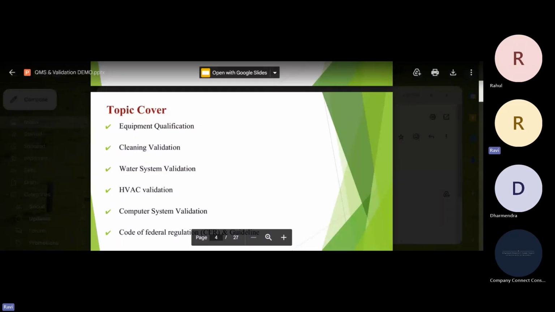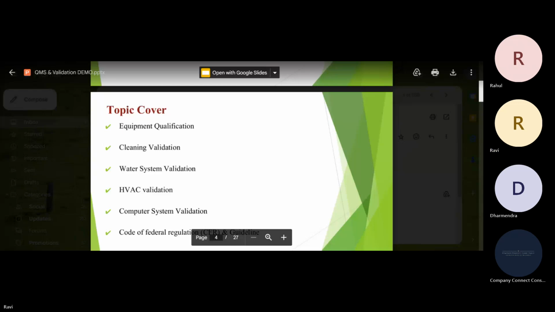These are the utilities required during manufacturing of the product. It varies with the category of products, whether heat sensitive, oxidative, temperature sensitive or moisture sensitive. It depends on the category of the molecule.